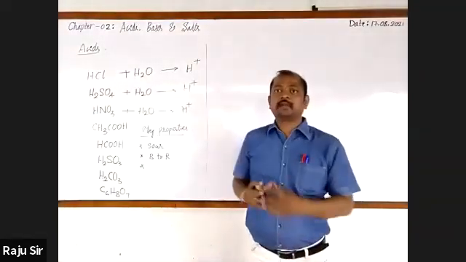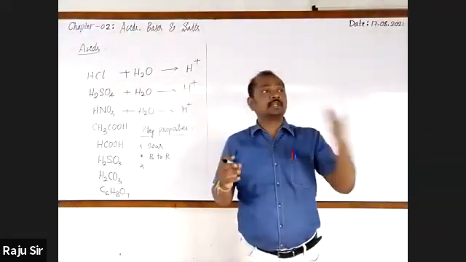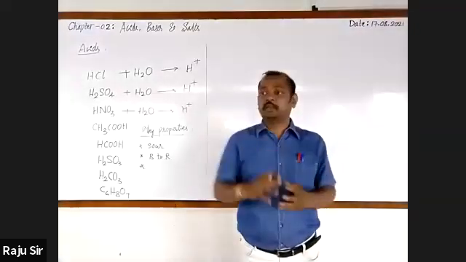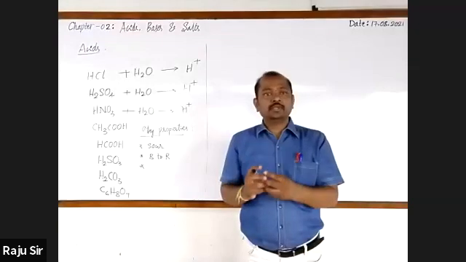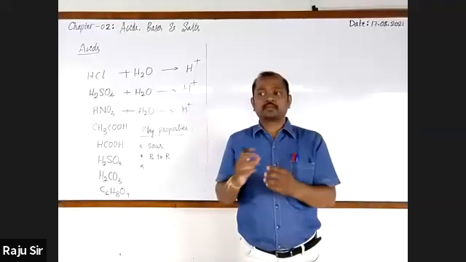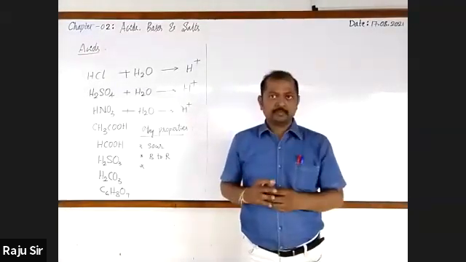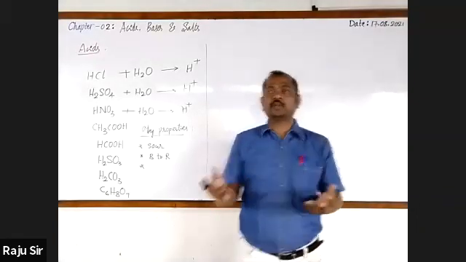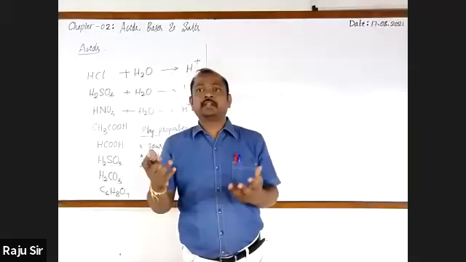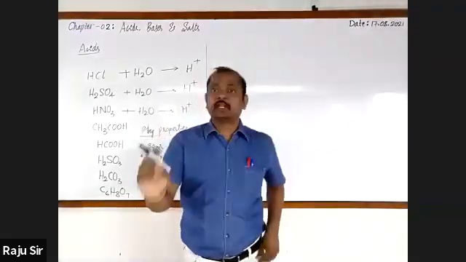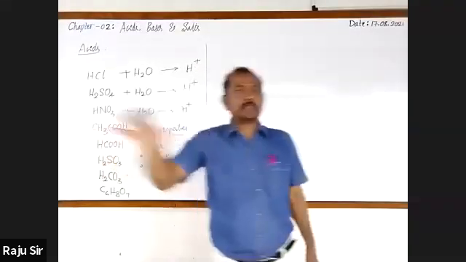Then similarly, as I said, these acids have the capability of producing hydrogen ions on dissolving in water. Do they act as electrolytes? Yes. What are electrolytes? Electrolytes are the liquids which allow the current to pass through them.